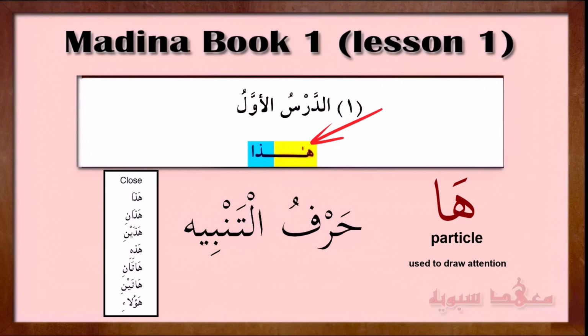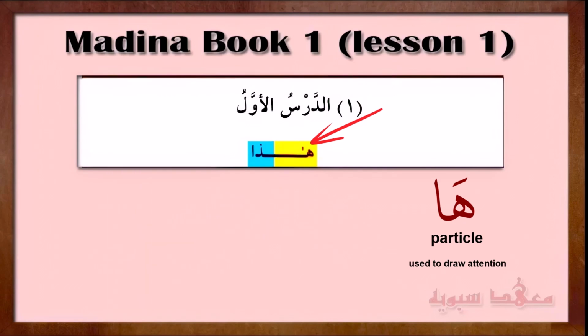So if somebody's indicating something which is close to one, you'd use the ha utanbih. And this occurs with all of the demonstrative pronouns that are used for something that is close.